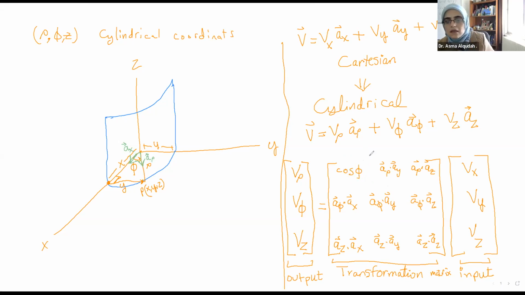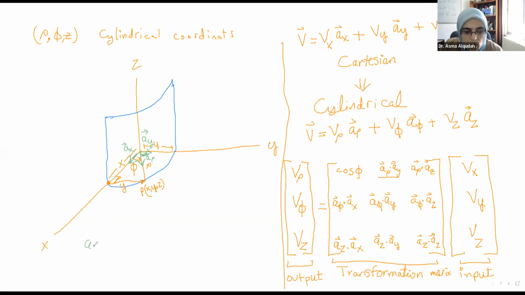Now let's see the other entry, which is A sub rho dotted with A sub y. So this is A sub y, a vector in the direction of the y-axis, with a magnitude of 1. The angle between A sub rho and A sub y is 90 minus phi.